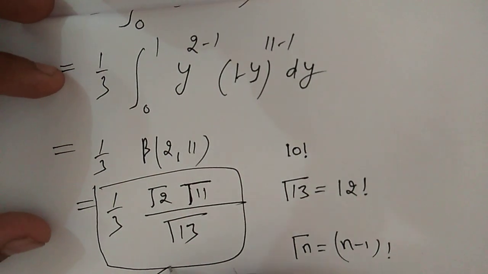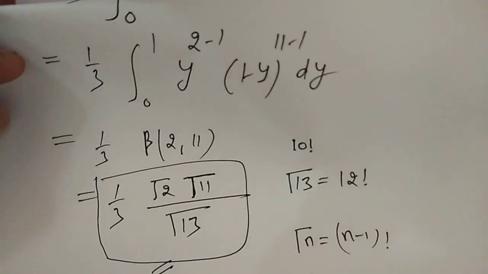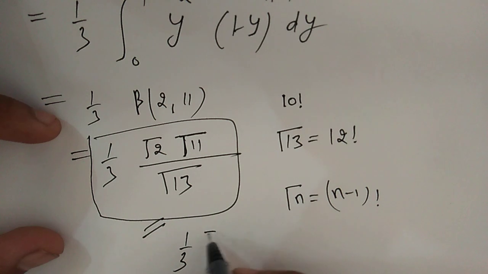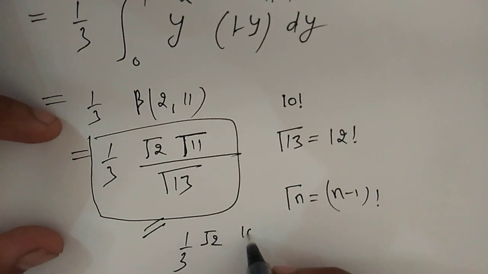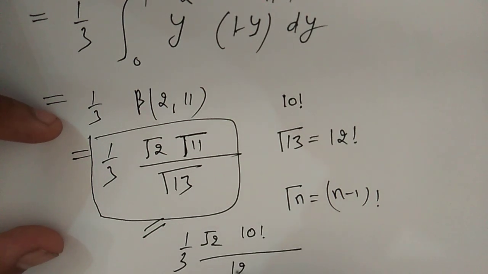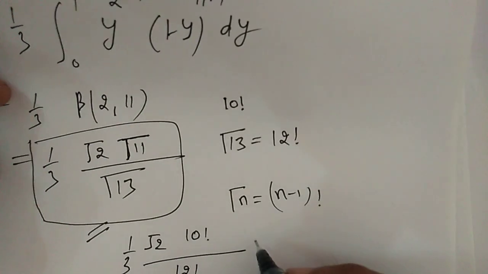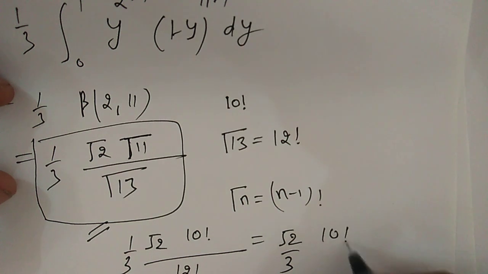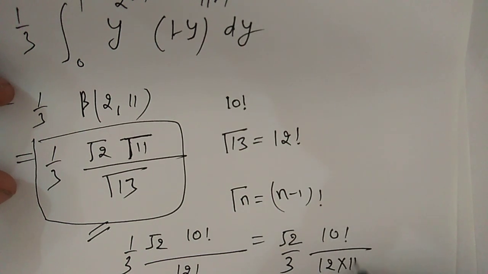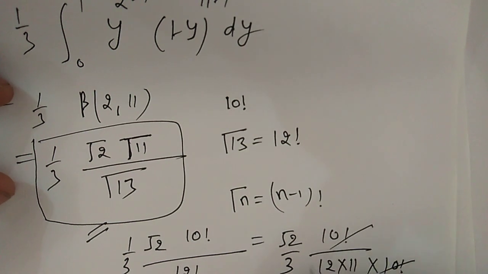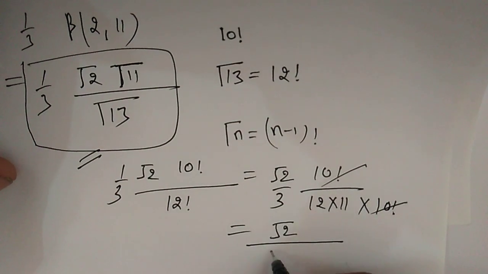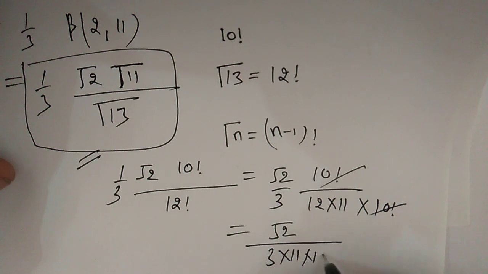So you can further simplify. We have 1 by 3 gamma 2, and this will be factorial 10 by factorial 12. So this will be 1 by 3 and 10 factorial by 12 into 11 into 10 factorial, the 10 factorial cancels. So we have 1 by 3 into 11 into 12.